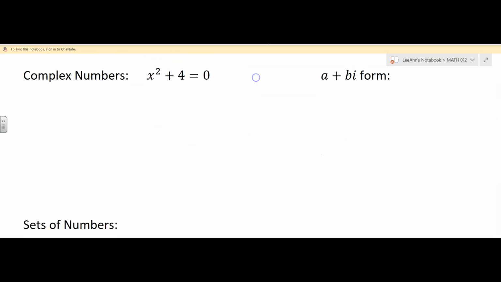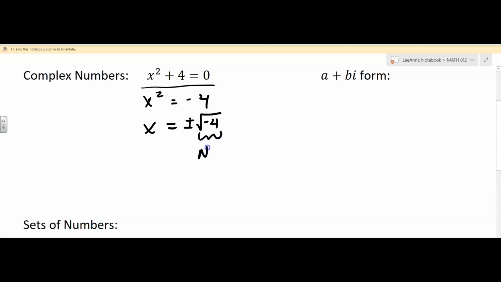But all right, say you have this equation, x squared plus 4 equals 0. Well, you could write x squared equals -4, and you can take the square root of both sides to solve the equation. Well, then we have a problem, because the square root of -4 is not a real number.